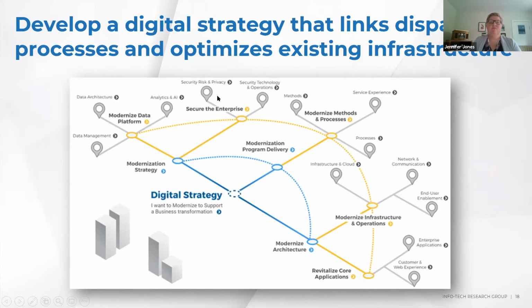From a security, risk, and privacy perspective, how do we make sure that we can undertake an updated digital strategy in tandem with ensuring compliance, and from a risk and privacy perspective, as well as from an operations perspective.